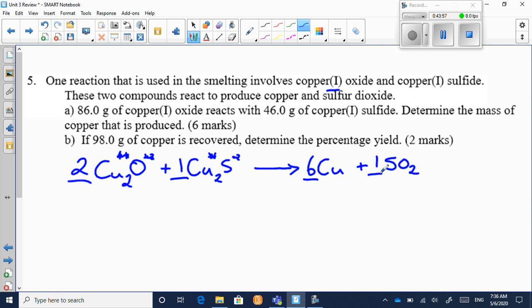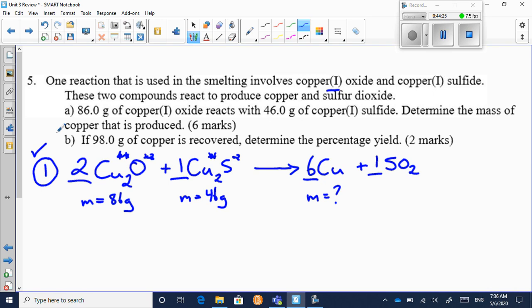Okay, and then it says 86 grams of copper 1 oxide reacts with 46 grams. Determine the mass of copper that is produced. So the mass is a question mark. You guys, we've done step number 1 of stoichiometry.